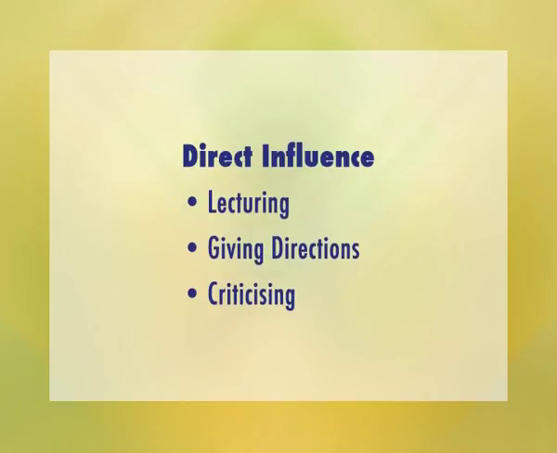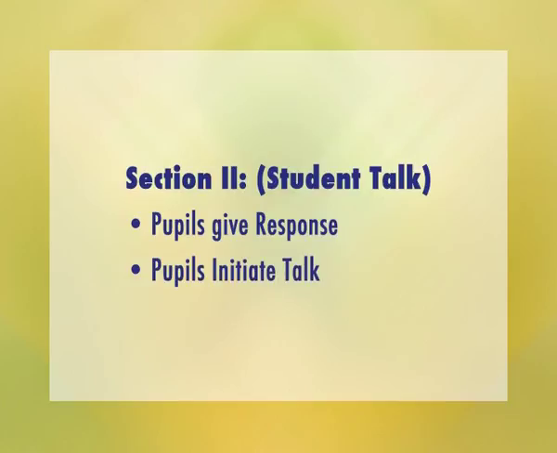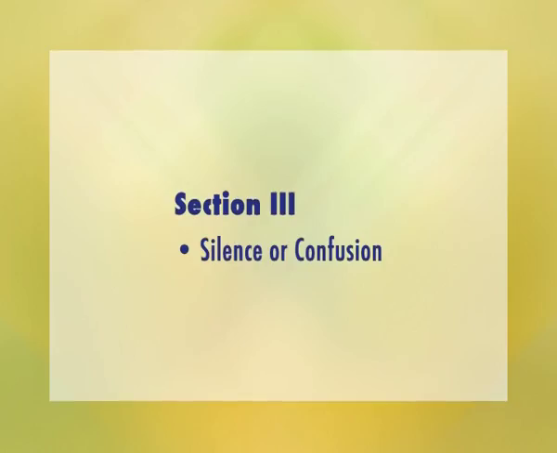And in direct influence, there are 3 categories or behaviors, that is lecturing, giving directions, and criticizing. Then in section 2, student talk, we have number 1, pupils give response, number 2, pupils initiate talk. Then the final category or third section, that is silence or confusion.